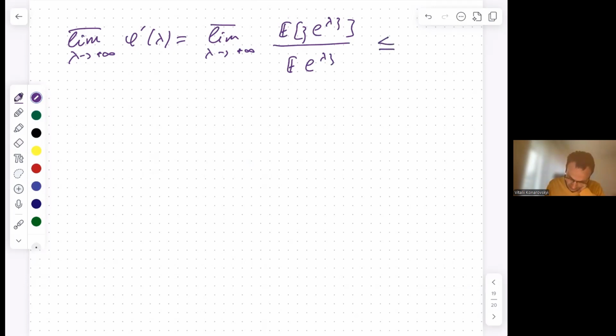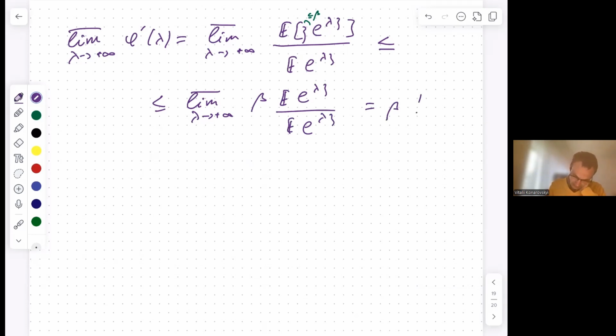Then you see that this ξ you can estimate by beta, because beta is the essential supremum. And then you can estimate the limit itself by moving beta outside of the expectation, and you have e^(λξ) divided by the expectation of e^(λξ). That is equal to, and it gives that as lambda goes to plus infinity, φ prime of lambda is equal to beta.